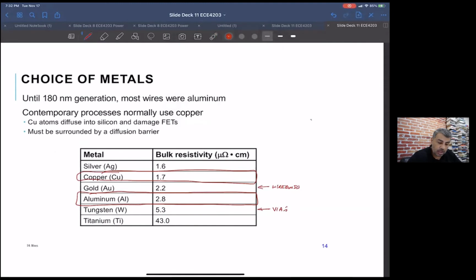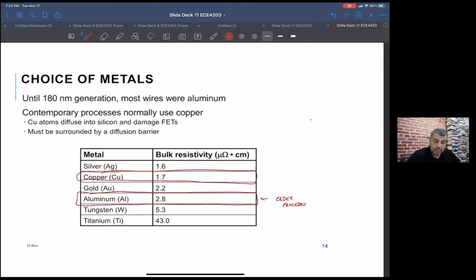copper and aluminum. And aluminum used to be the popular choice until, like it says, older, bigger processes. What happened around the early 2000s is the resistance of aluminum started being a bigger and bigger problem.